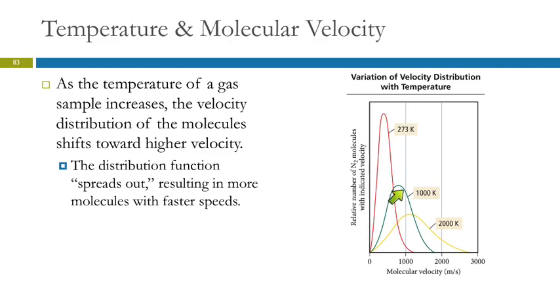As we increase the temperature to 1,000 Kelvin and 2,000 Kelvin, the average molecular velocity increases, but the distribution spreads out. So now we've got this wide distribution of velocities, much larger than at a lower temperature. So the average is larger here, but also the particles with the highest velocities are a lot higher than down here.